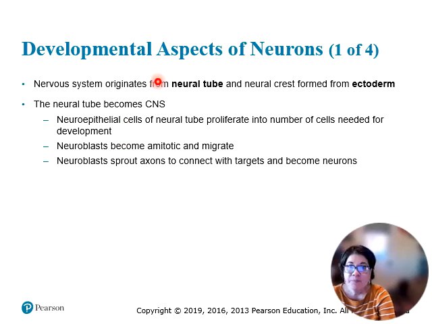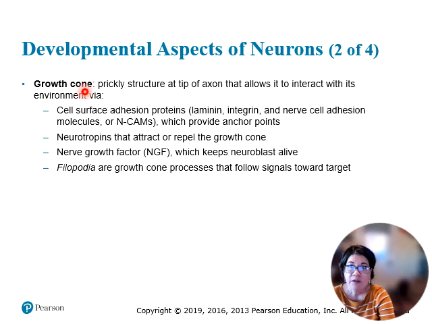Okay, when you are developing, the nervous system starts as a neural tube, and it starts from ectoderm. I think we've talked about this earlier. So you have these special cells, neuroepithelial cells, and that's what's going to become the brain, spinal cord, and neurons. There's a growth cone at the tip of the axon, and that's going to start to grow out.